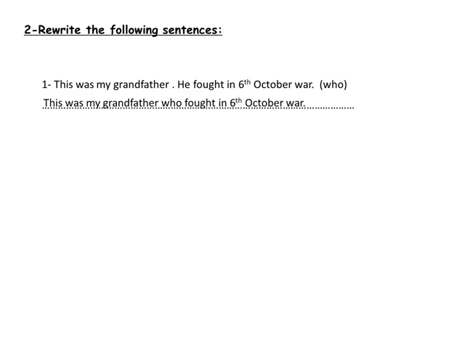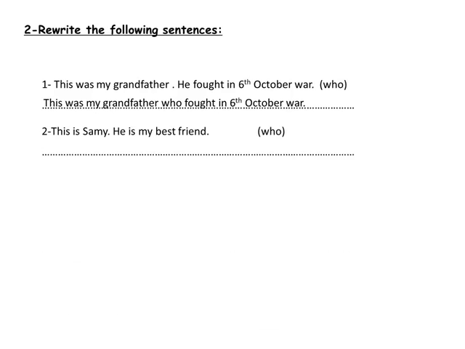What can we do to write the first sentence? This was my grandfather. We cross the full stop and he. We don't need he here because we use who instead to refer to my grandfather or the people's name. So the answer, this was my grandfather who fought in the 6th of October War.